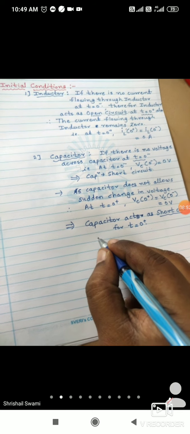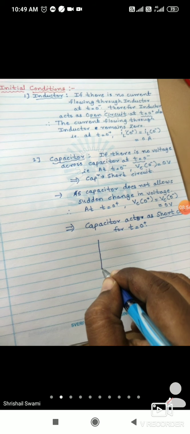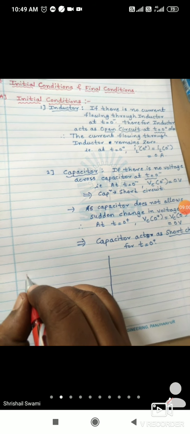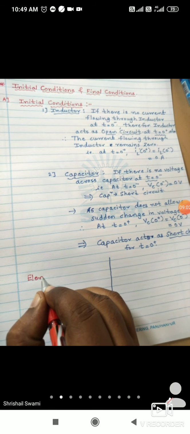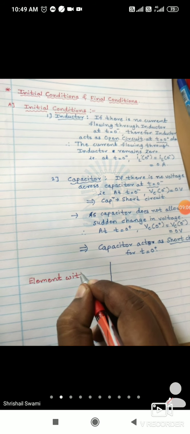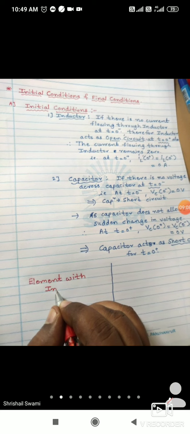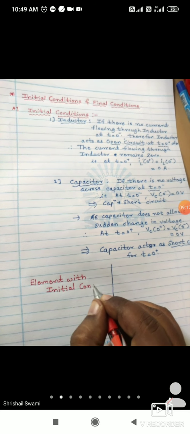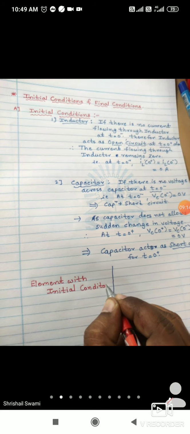So I will make two parts here. Left hand side is the element with initial condition. So what are the elements? Resistor, inductor and capacitor.